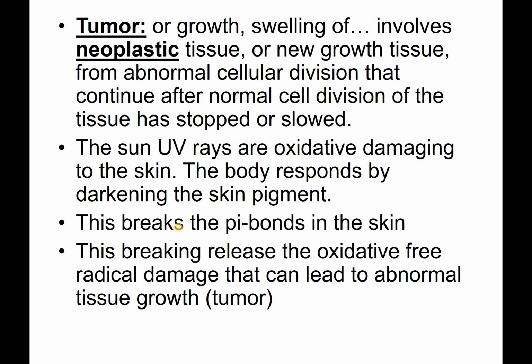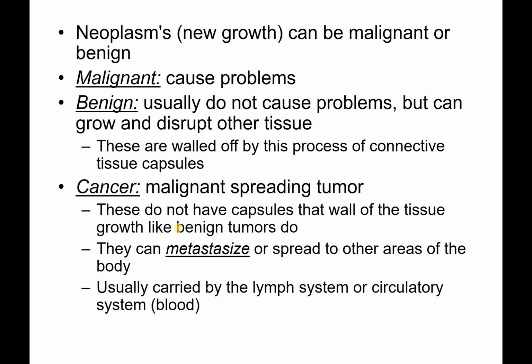The sun's UV rays create oxidative damage, and then the body responds by deepening and darkening the skin pigment. Fibers are broken in the skin. This creates oxidative damage and free radical formation. And then this will lead to abnormal tissue growth, which can lead to a tumor. So this neoplasm is either going to be malignant or benign.